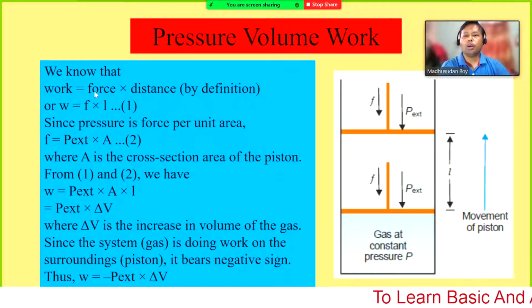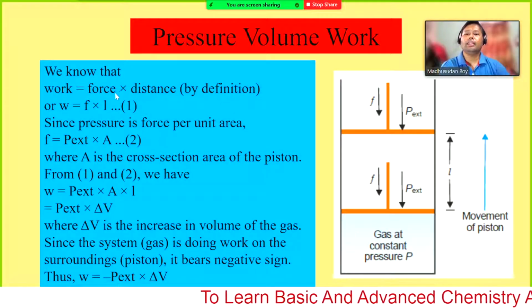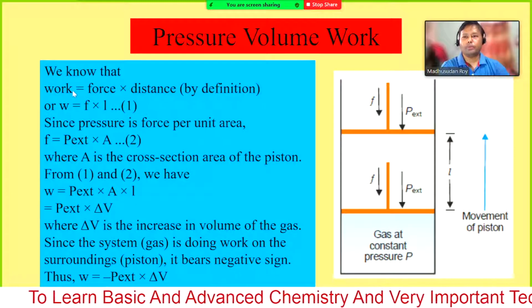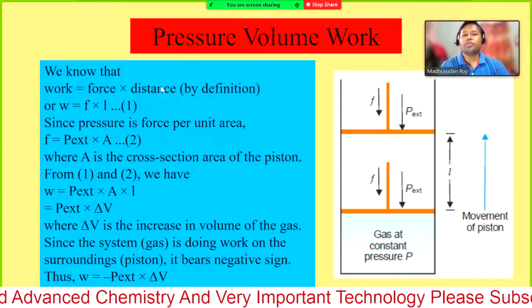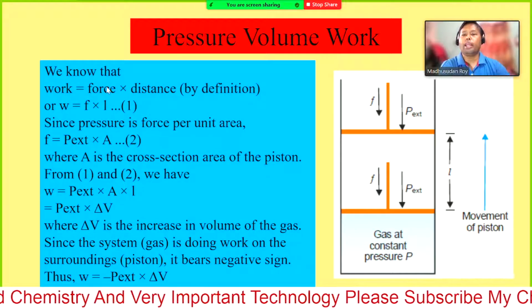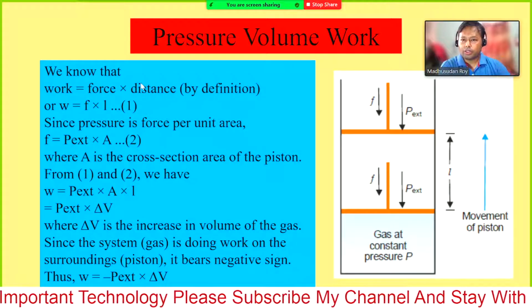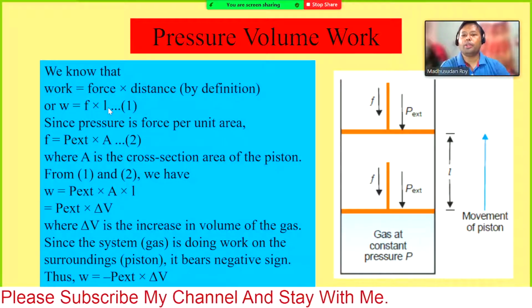If any of the two terms is 0, in that case the whole term will become 0. Therefore you need to have some minimum value of both to have the work. So we can use the symbol for defining the work, W = F x L.